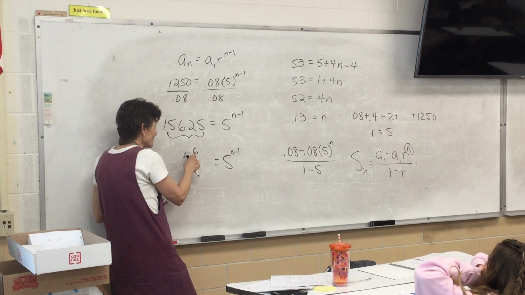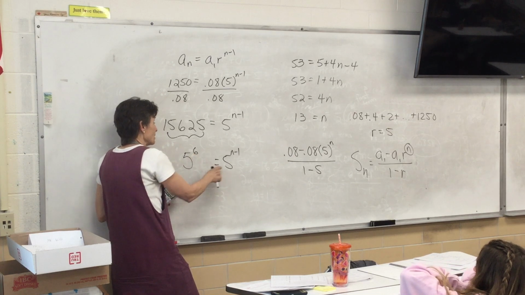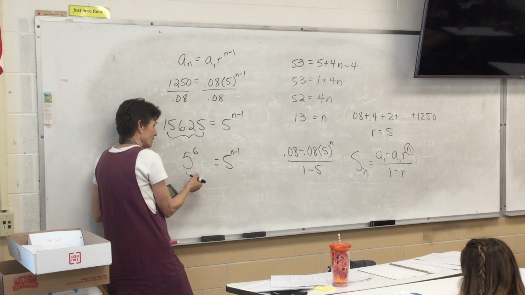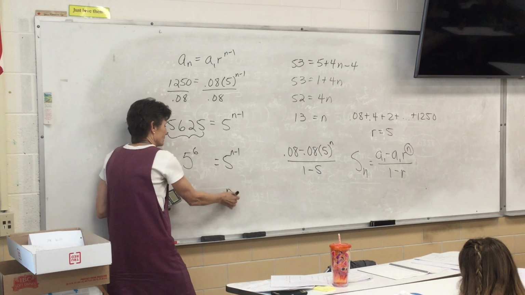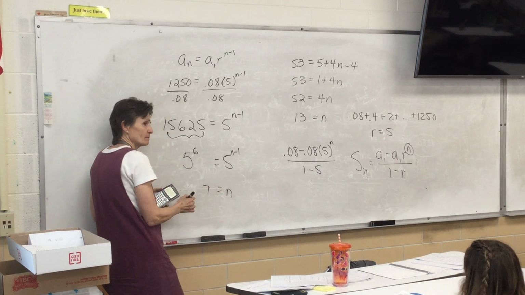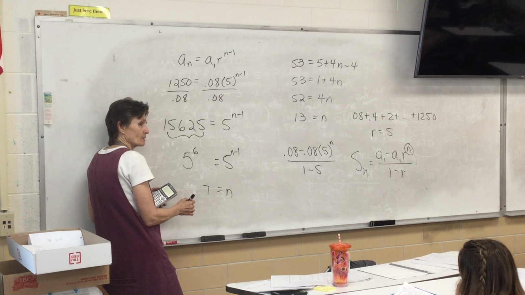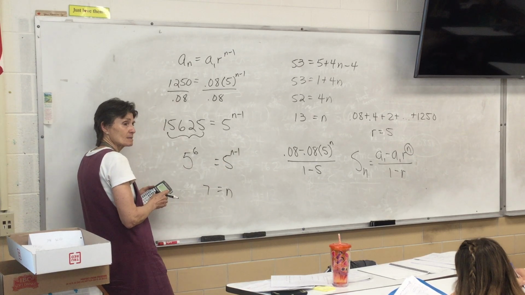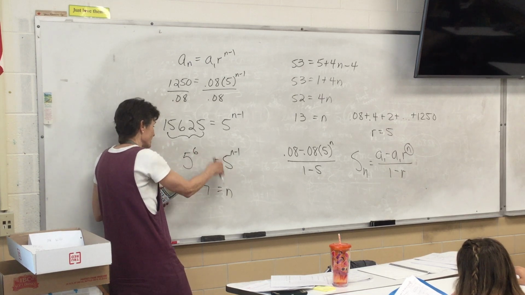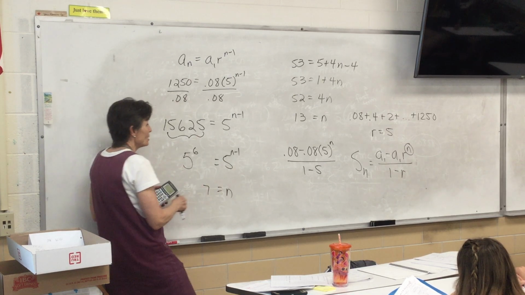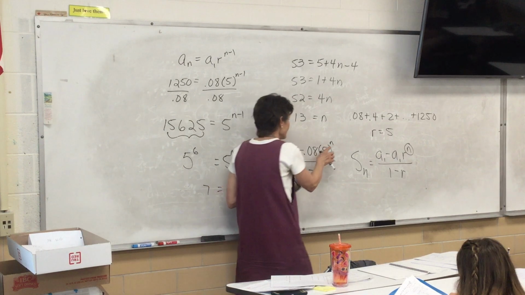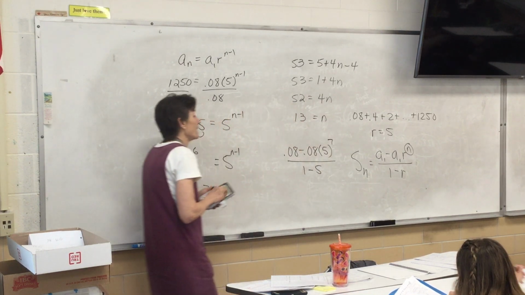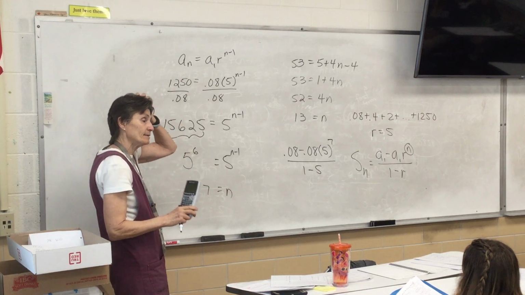So if 5 to the 6th equals 5 to the n minus 1, what does n have to be? 7. Doesn't n have to be 7? Subtract 1. Yeah, 7 minus 1 would be 6, or 6 plus 1 is 7, however you want to think about it. So n is 7.